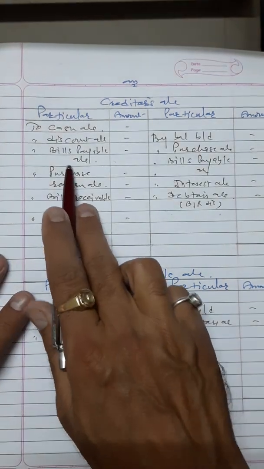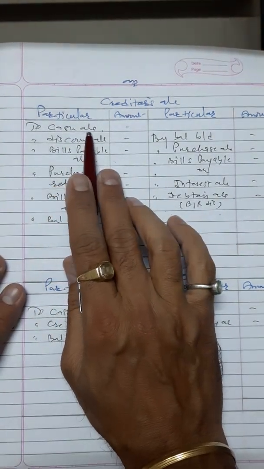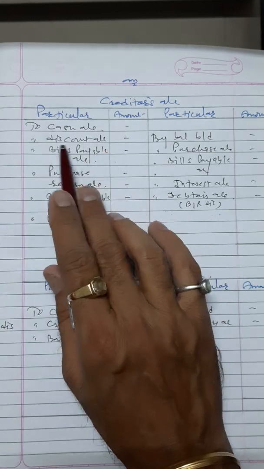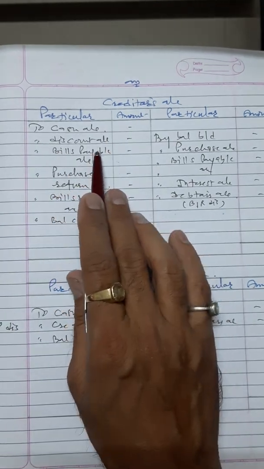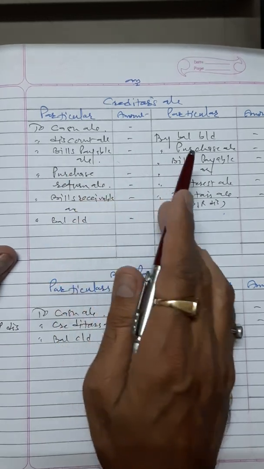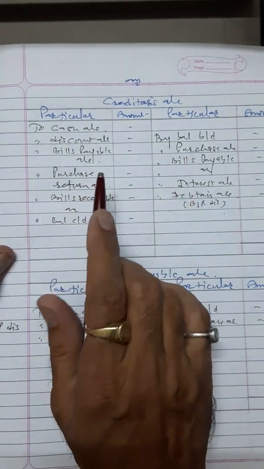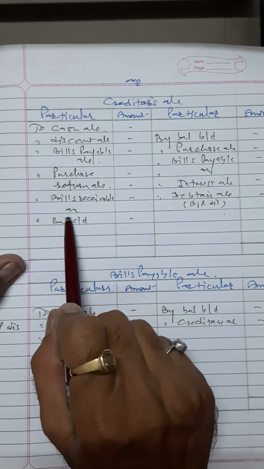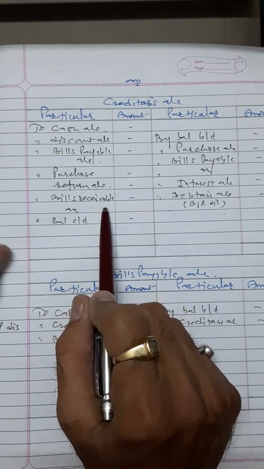On the debit side you have to write cash paid to creditors, discount allowed by creditors, bills payable signed for creditors, purchase return, bill receivable endorsed to creditors.